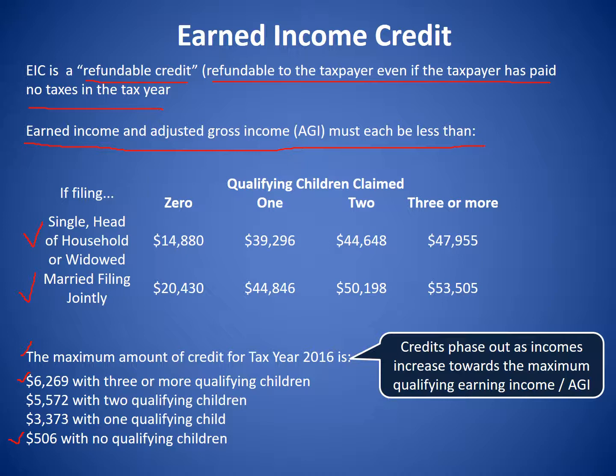Now, the other thing you should also know is that credits phase out as incomes increase towards a maximum qualifying earned income slash AGI. So let's go over 1 or 2 questions on the earned income credit.